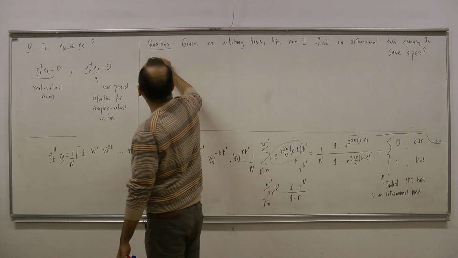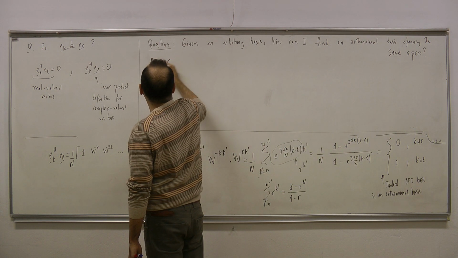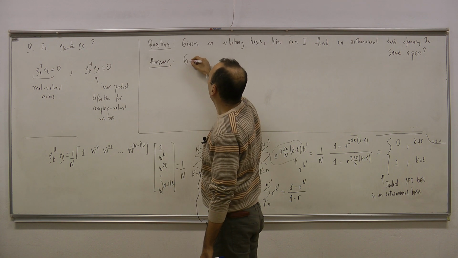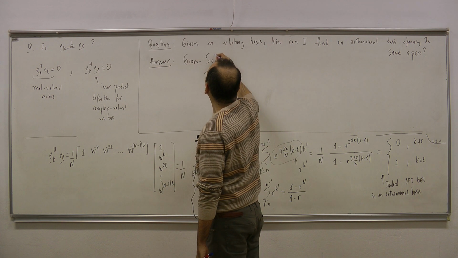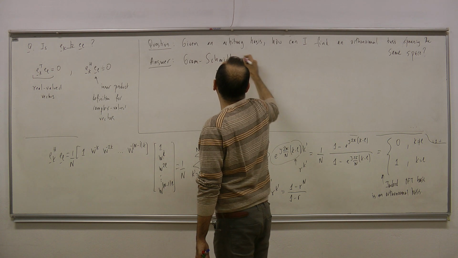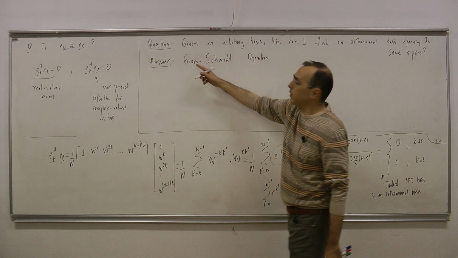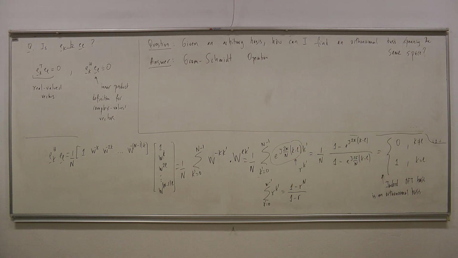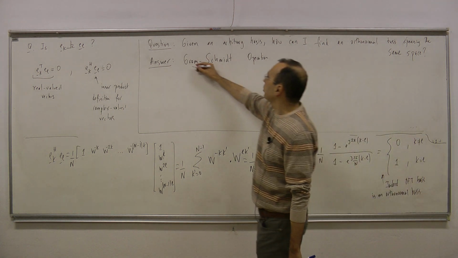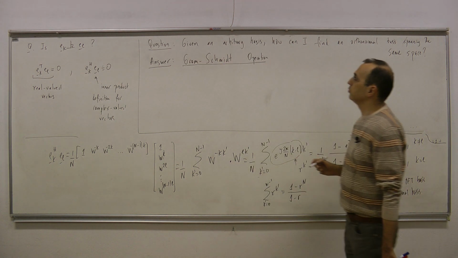So the answer is, this is a very important question actually, and its answer should be learned by heart. This is called Gram-Schmidt operation. As you see, the same name, Gram. Let me check how Schmidt is written. Okay. So this is called Gram-Schmidt operation. Okay, it's very important for our purposes.